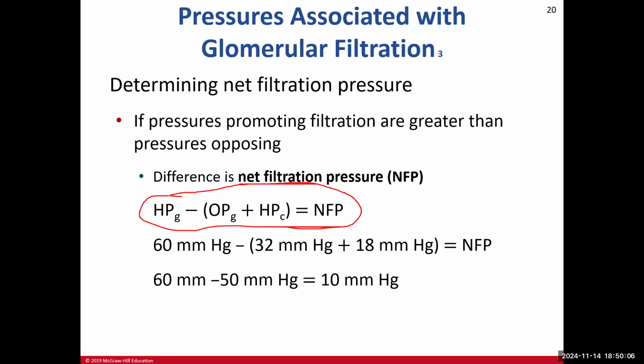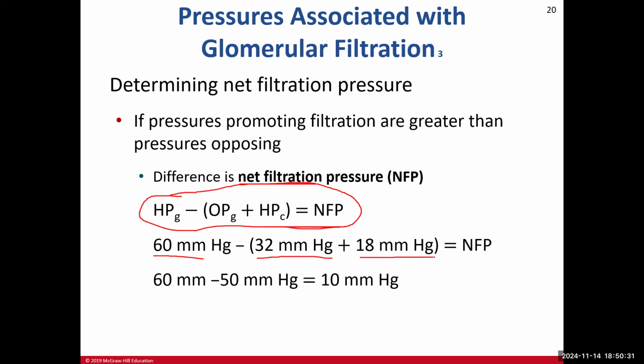So you can see the example here. If we measure the hydrostatic pressure inside of the glomerulus, it's 60 millimeters of mercury in this example. Then we measure the osmotic pressure inside of the glomerulus, and it happens to be 32 millimeters of mercury. And then we measure the hydrostatic pressure in the capsular space as 18 millimeters of mercury. We add those together, that's 50.